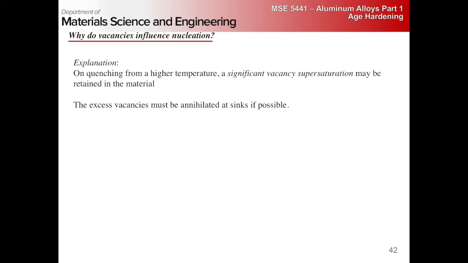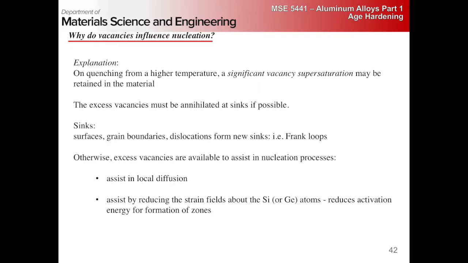The excess vacancies can't be annihilated easily. They have to be annihilated at sinks, which are, again, our surfaces, grain boundaries, and dislocations. If we don't have a lot of sources or sinks when we quench down, these excess vacancies are available to assist our nucleation processes.